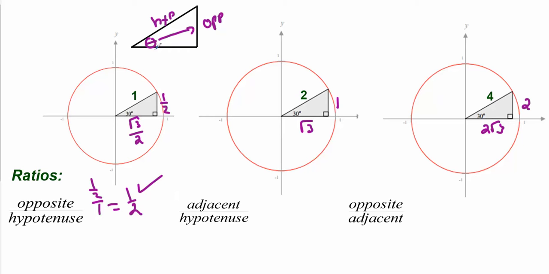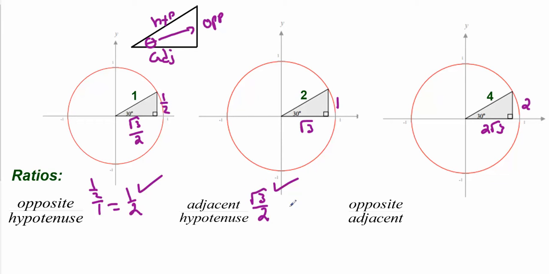When I do adjacent, I'm talking adjacent to the reference angle, not the hypotenuse, which also has a shared vertex with the reference angle. I'm talking about this angle right here, the adjacent. So when I do adjacent, radical 3 over 2 over 1, of course that's just going to be radical 3 over 2. And guess what? Radical 3 over 2, when I simplify that, is also going to be radical 3 over 2.